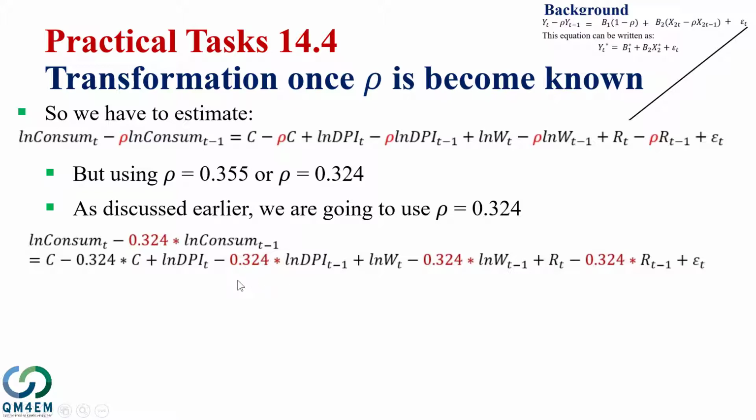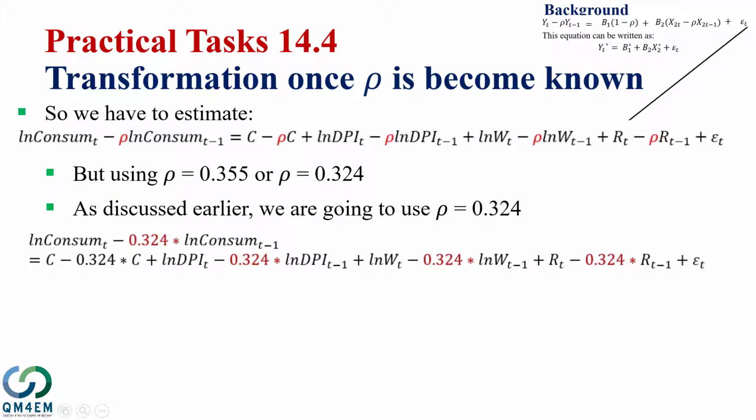As we already discussed in the background, if you do this mechanism, the error term becomes an autocorrelation-free error term. So once I have this equation, I have to estimate this model. Now, in this model I do not have a single variable at the dependent variable place. Instead, I have a new variable which is constructed using the log value of consumption in period T and the log value of consumption in period T minus 1 multiplied by 0.324.